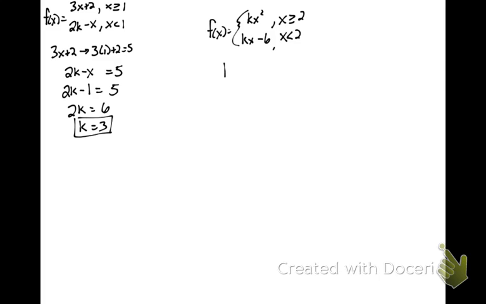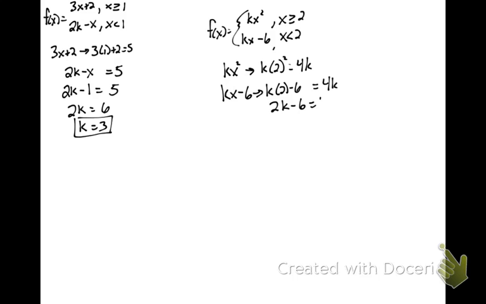Well, I know kx squared when x has a value of 2 will equal 4k. So I want to know for kx minus 6 when x has a value of 2, when will that also equal 4k?